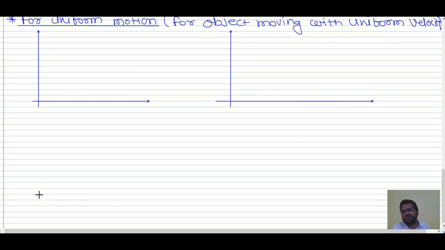And lastly, we want what is called the acceleration time graph. So displacement time graph, velocity time graph, acceleration time graph we have.